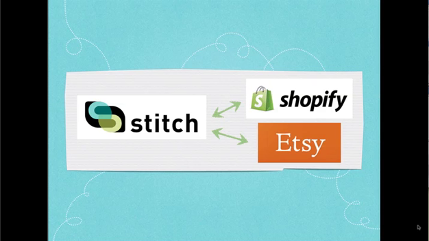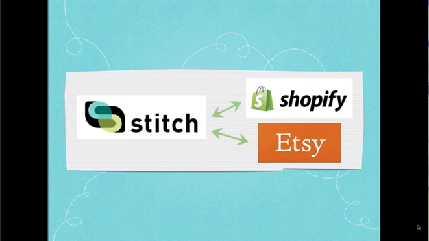Then if one sells on Shopify, it automatically comes down off of Stitch. And with Etsy, if you're familiar with the way that works, you have to relist a product. Stitch will auto relist it, and if you set it up as such, you can say only relist this if there is product left.